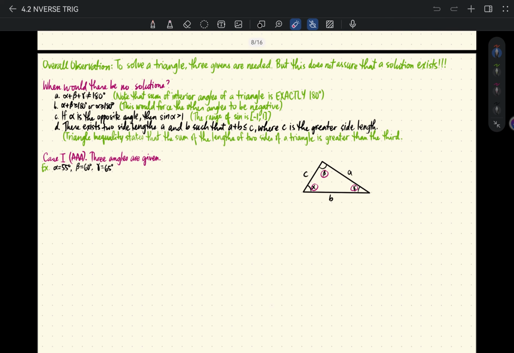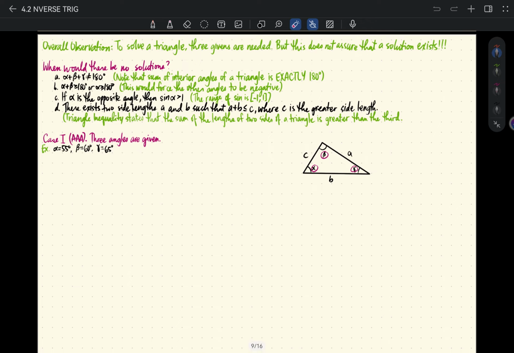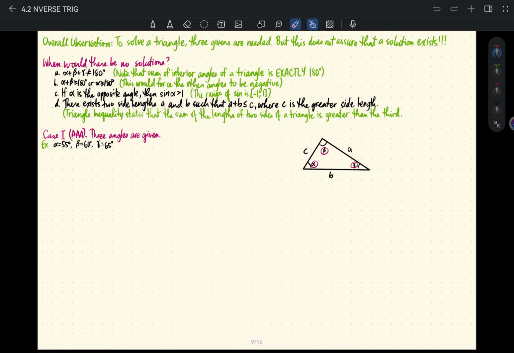So overall observation, for you to be able to solve a triangle, you need three given values. However, even if you have three given values, it does not assure that a solution exists. So now, the question might be, when would there be no solutions?